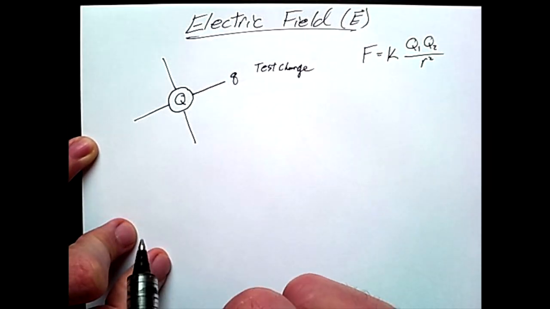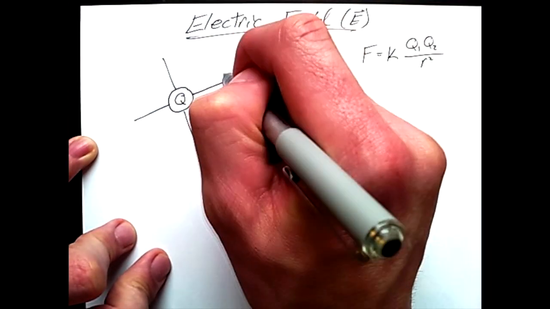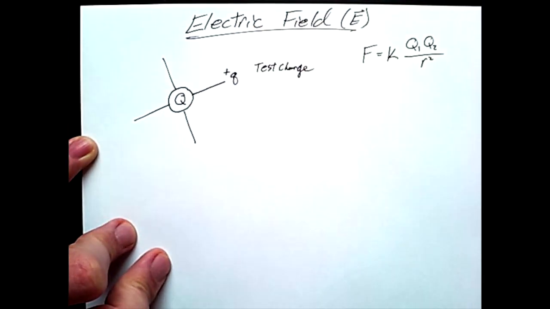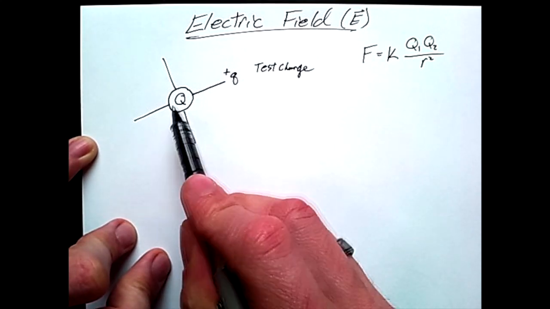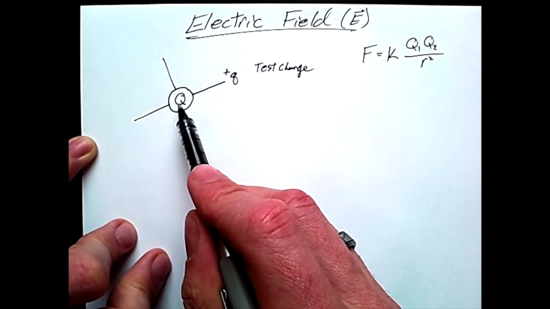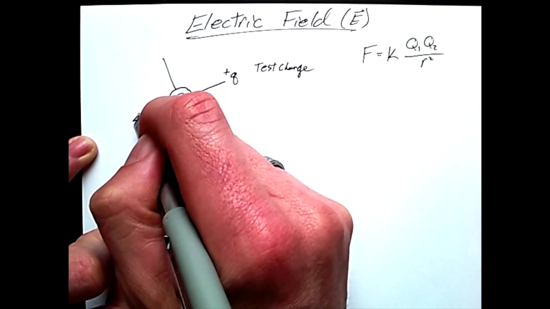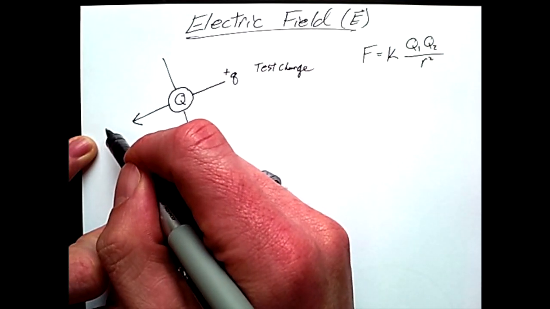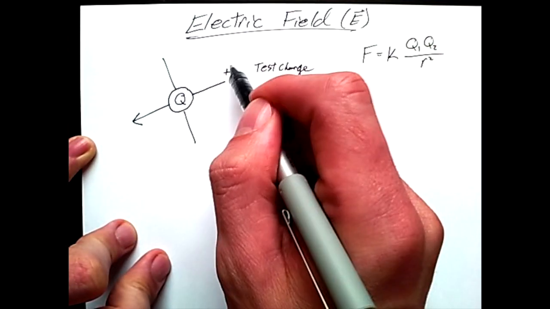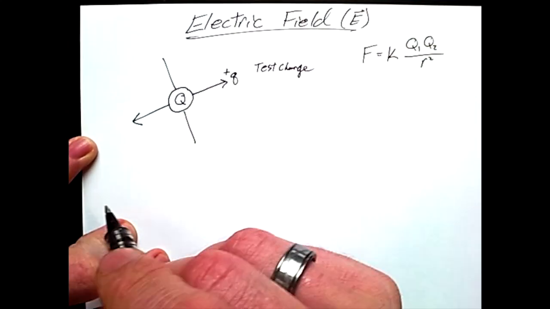Now, through convention, scientists have decided that the test charge is going to be a positive value. So what that means is that if Q is positive, then the force from this charge would be a repulsive force pushing Q away from the system. Now, of course, if Q was over here, then that would push Q, large Q, in this direction.